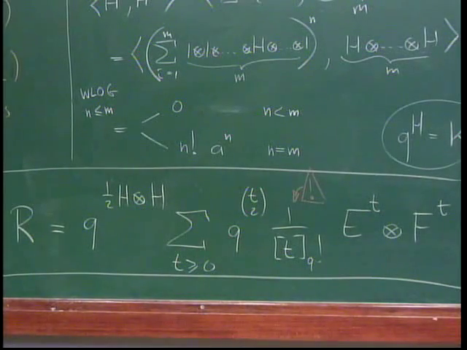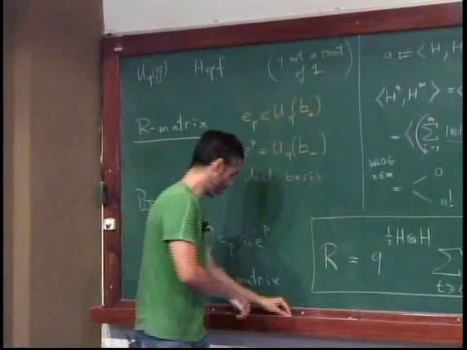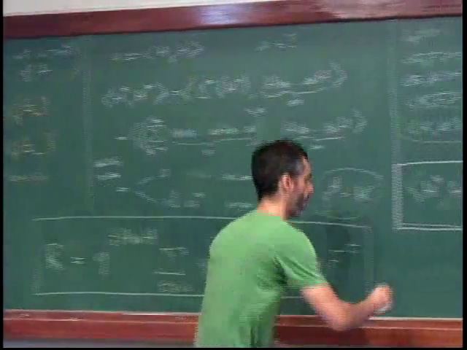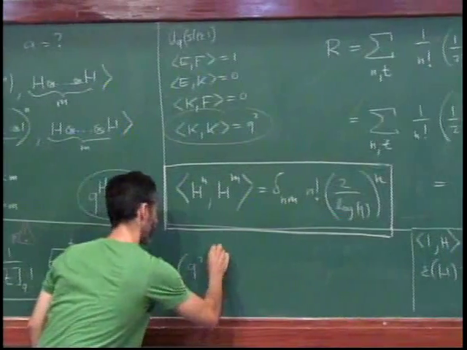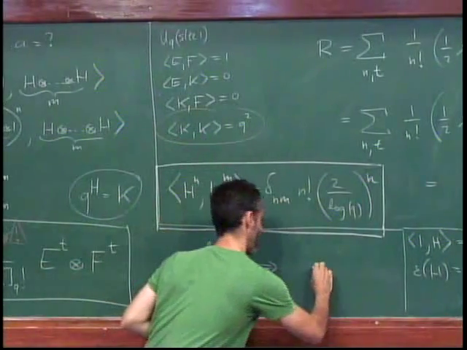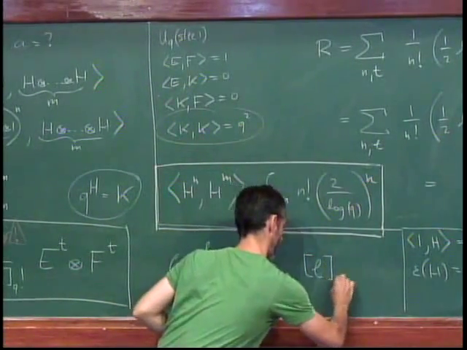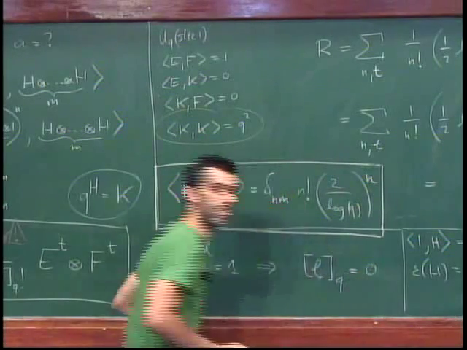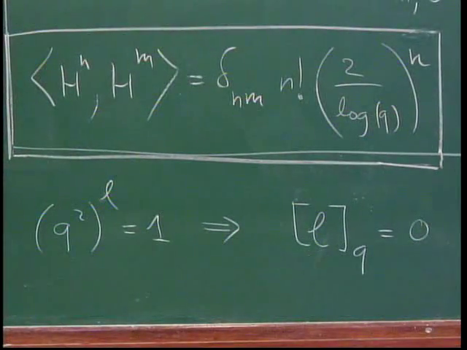And when Q is a root of unity, if Q squared to the L is 1, then quantum L is 0. And quantum L will happen at some point because that's a quantum factorial. So at some point you will have divisions by 0, and those are bad.